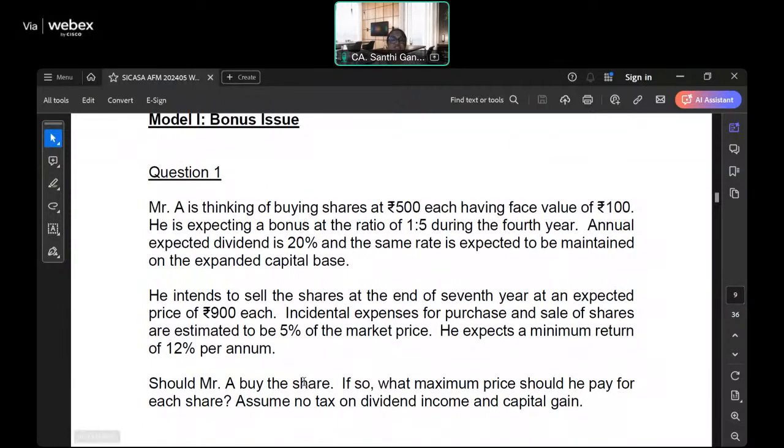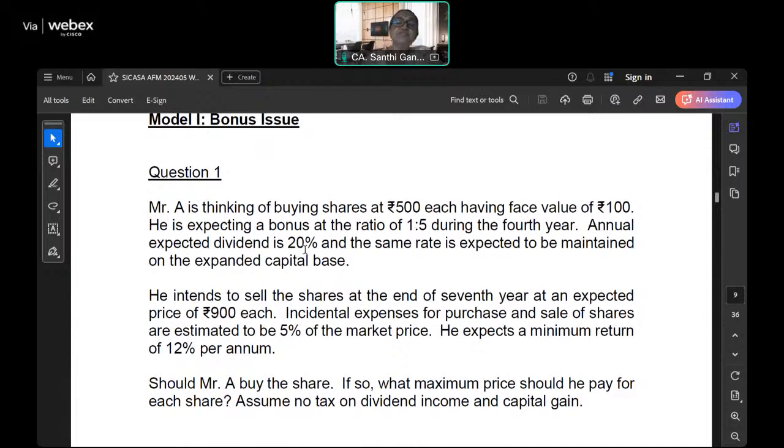Should Mr. A buy the share? If so, what maximum price should he pay for each share? Assume no tax on dividend income and capital gain. Mr. A is thinking of buying shares at 500 each, having a face value of 100. He is expecting a bonus at the ratio of 1:5 during the 4th year. 1:5 means one share for every 5 shares will be given as bonus.